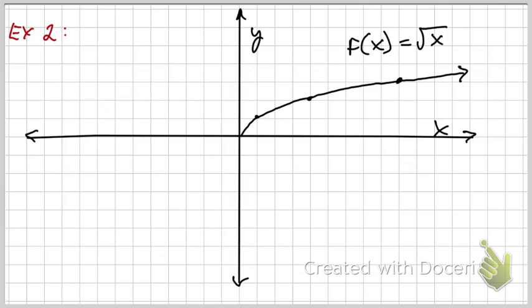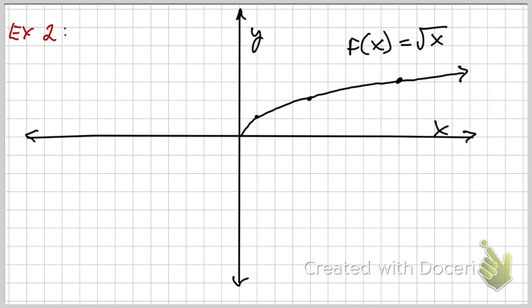So let's just start off with our old buddy, y equals square root of x. So just think of it, these are all the x values from 0 to infinity.